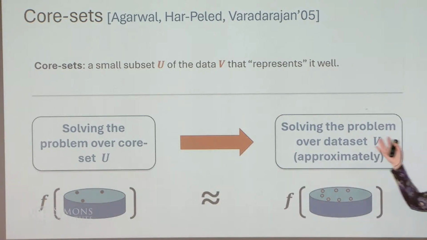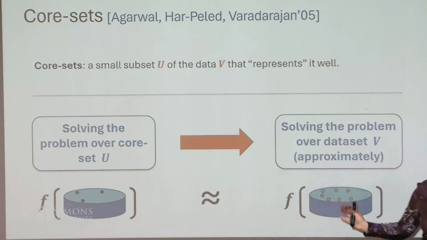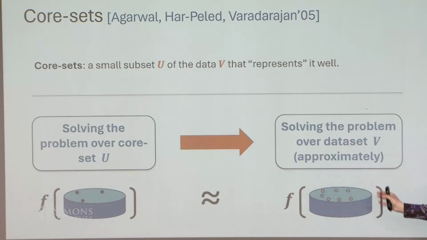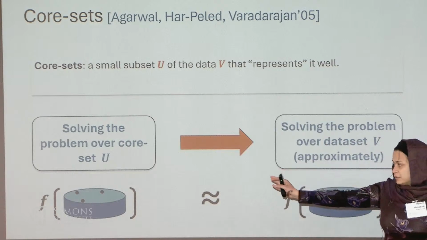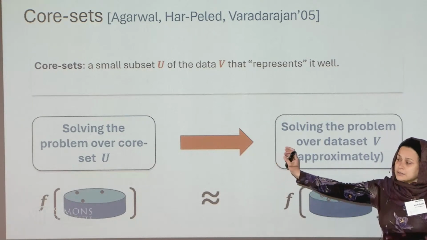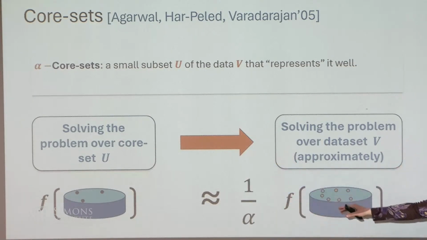For example, one way to formalize it is that maybe we have a function f that we want to optimize on our original data set. If we just optimize the function f over this small subset, and this gives us a factor alpha approximation, we say that this is an alpha-approximate coreset.